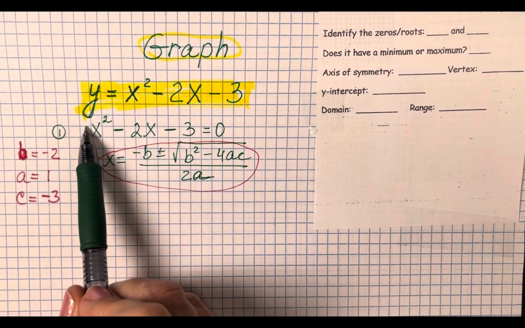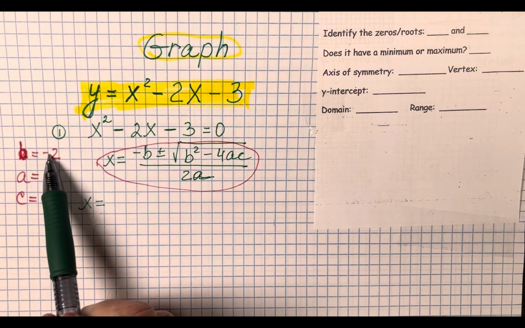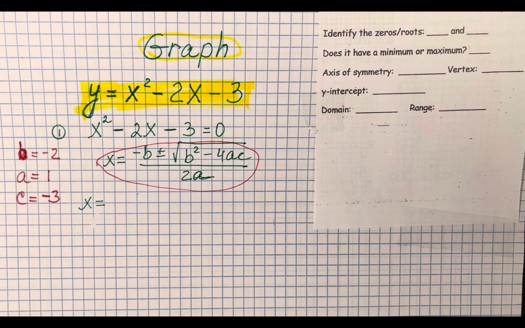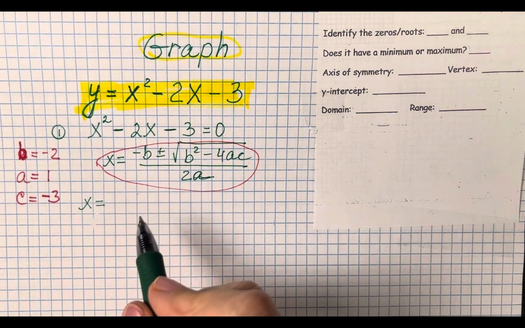So a equals 1, b equals -2, and c equals -3. I wrote it down for you, you can see it. And we're going to apply it.